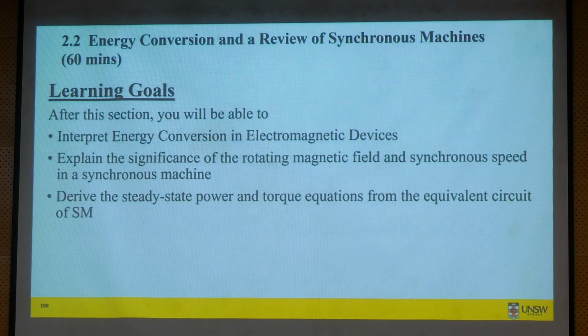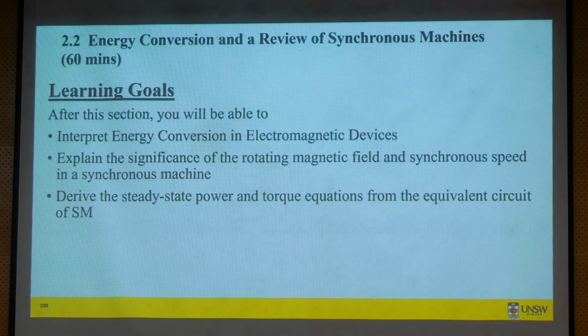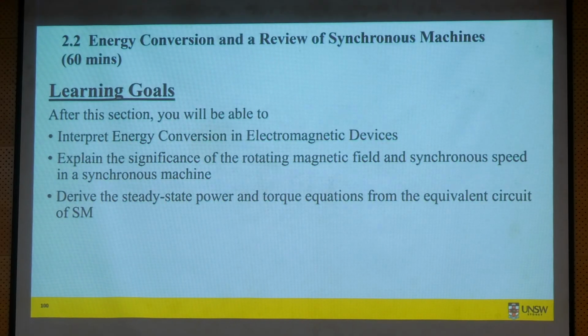We'll try to interpret the energy conversion. We will try to see how this happens in a synchronous machine, and then at the end we'll try to get the steady state torque equation of a synchronous machine, but I will show you how it is different in a PM machine.